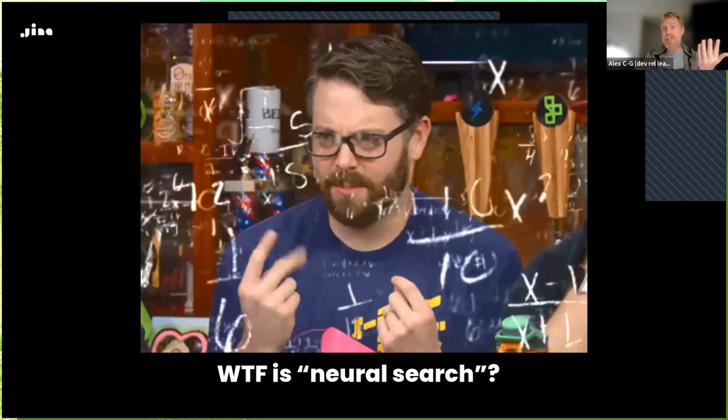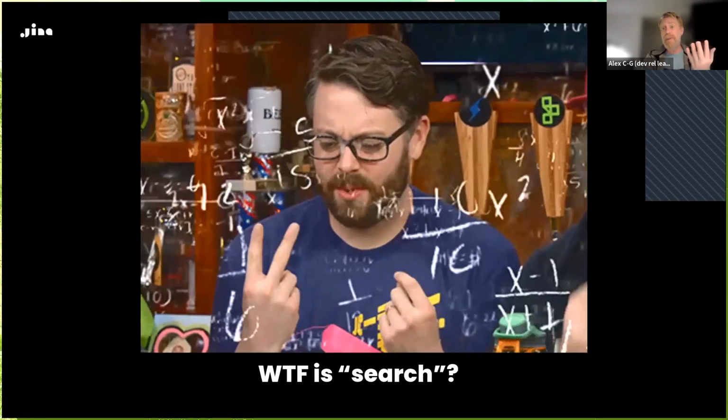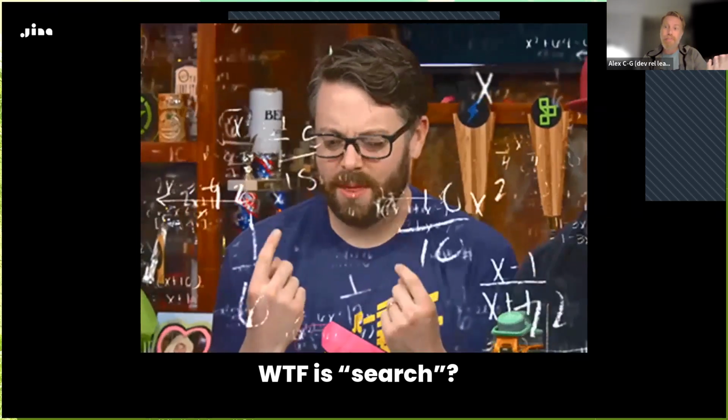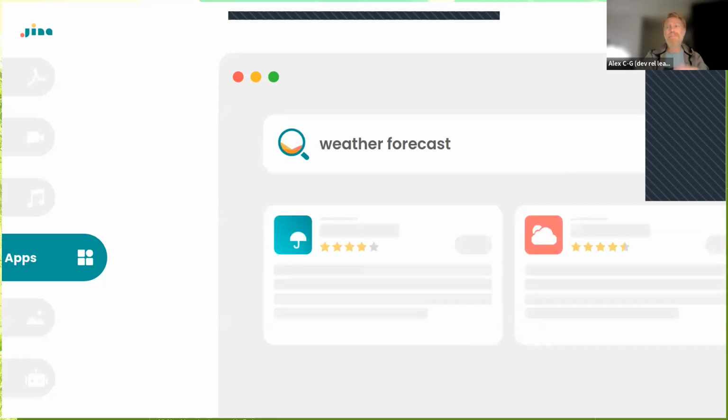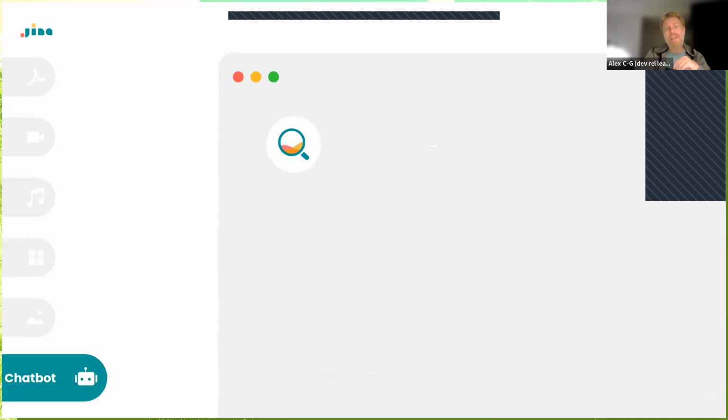So what's neural search? The bigger question is, first of all, what's search? You may think of it as the boring old text box on Twitter or LinkedIn or Bing or Yahoo, or I think there's this other search engine that's catching on, but I forget the name. But yeah, really search is about a lot of things.